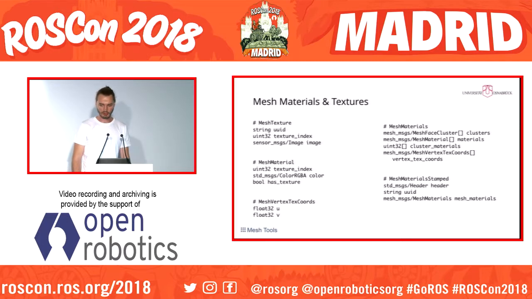And then we have mesh vertex texture coordinates, which are referring to a certain pixel in the image, and then mesh materials referring to a certain vertex of a face.